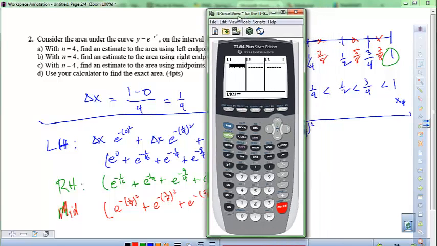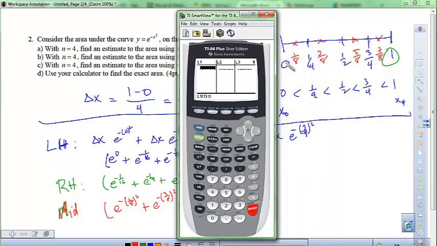For this first one, I want to put the numbers 0, 1/4, 1/2, 3/4, and those are going to be my left endpoints for my 4 rectangles.